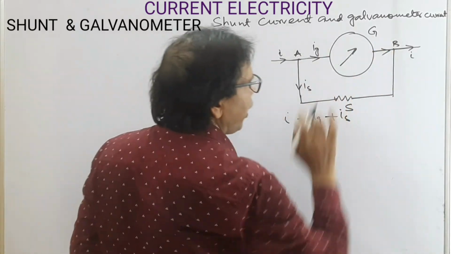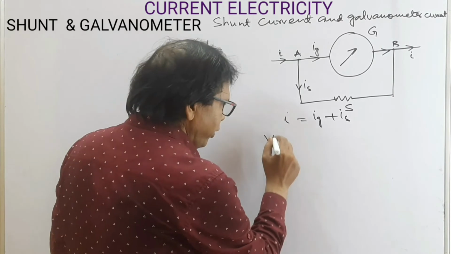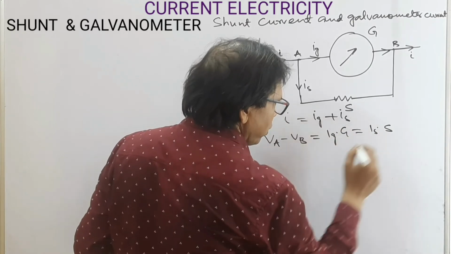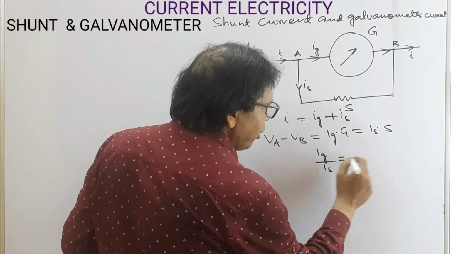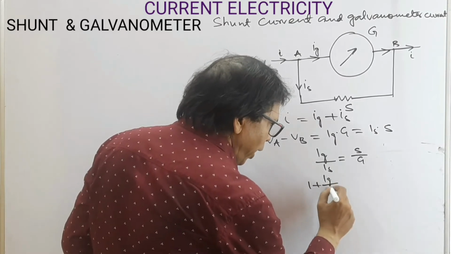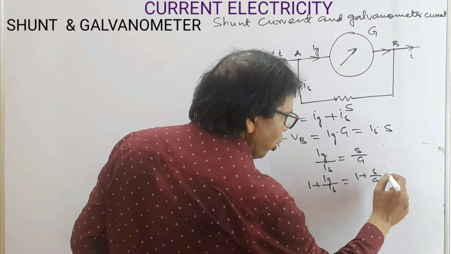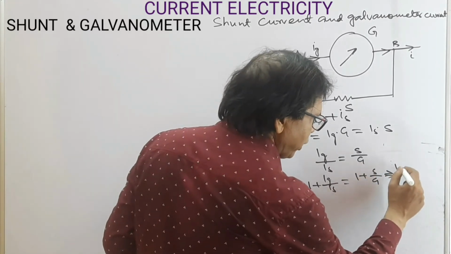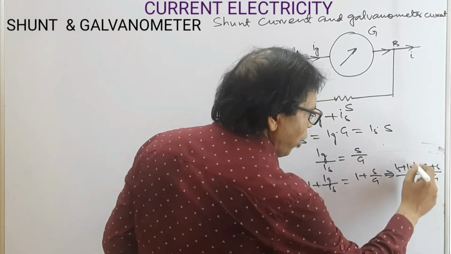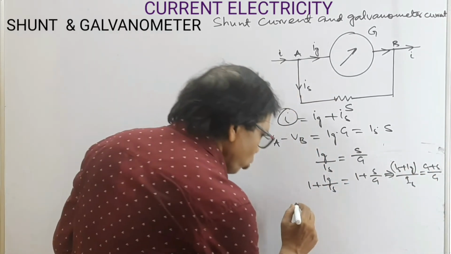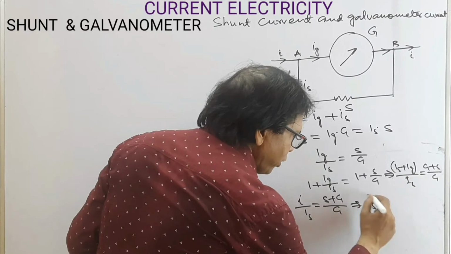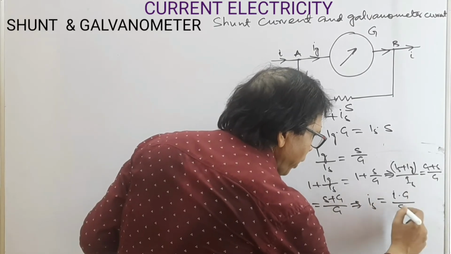If VA and VB are the potentials at A and B, then VA minus VB is Ig into G equals Is into S. So Ig by Is equals S by G. Now adding 1 to both sides, 1 plus Ig by Is equals 1 plus S by G. So Is plus Ig divided by Is equals G plus S by G. Now Ig plus Is equals the total current I, so I by Is equals S plus G divided by G. Therefore Is equals I into G divided by S plus G.